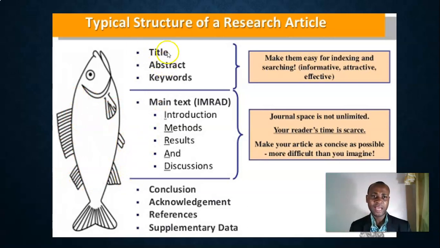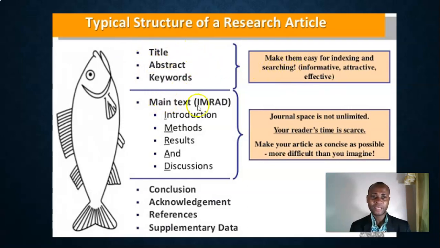It begins with the title, then the abstract, then keywords. For these three, we say make them easy for indexing and searching, so they should be informative, attractive, and effective.